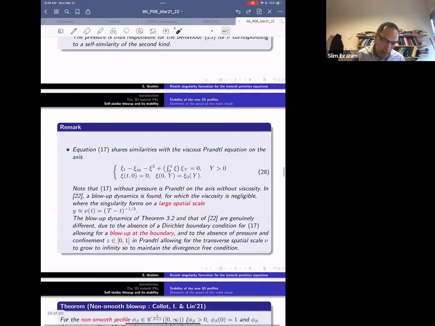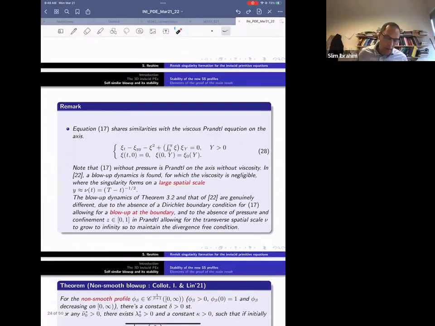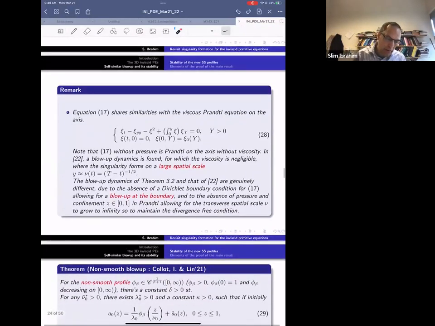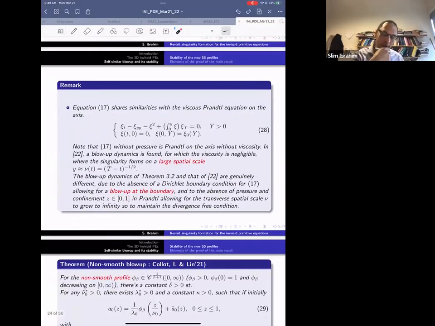Let me comment on how this result compares to the sister equation, the viscous Prandtl equation. For the viscous Prandtl equation, we can do a similar reduction on the axis x equal to 0, and the resulting PDE looks like (28). If you observe this PDE, it's very similar to the primitive equation.